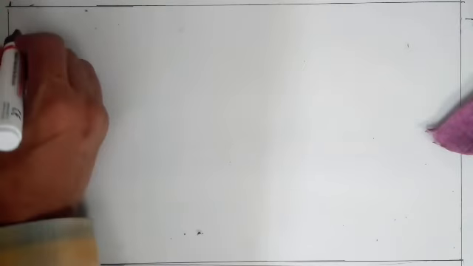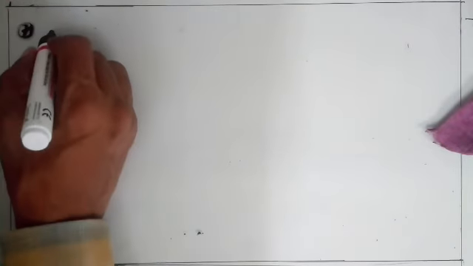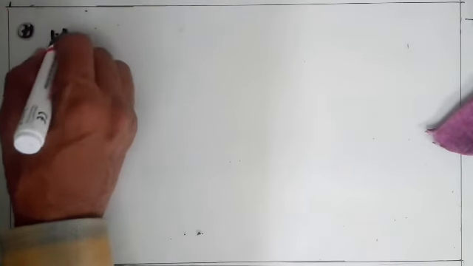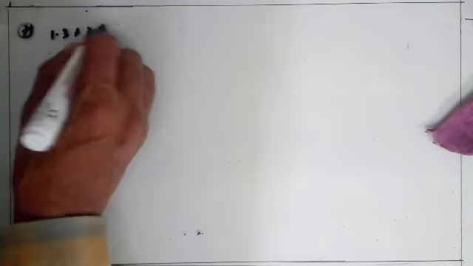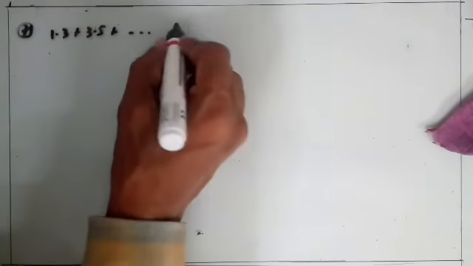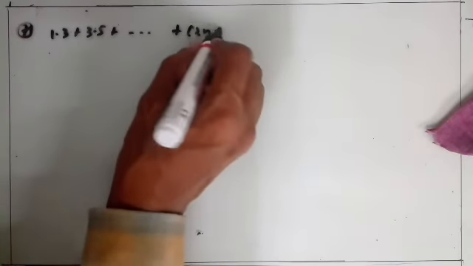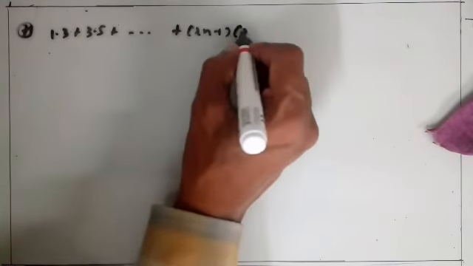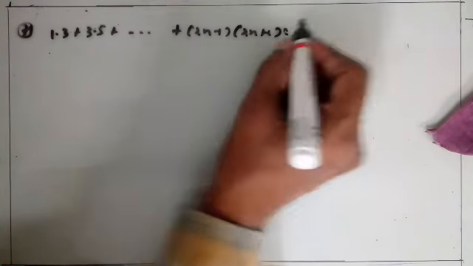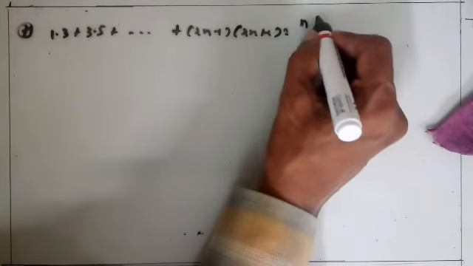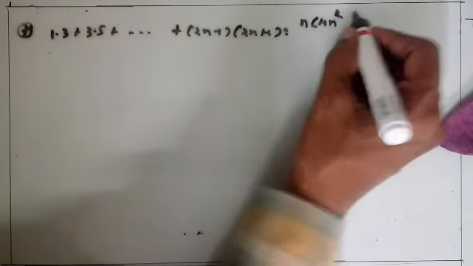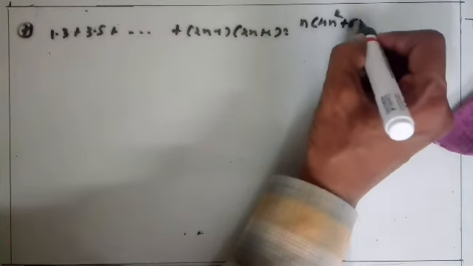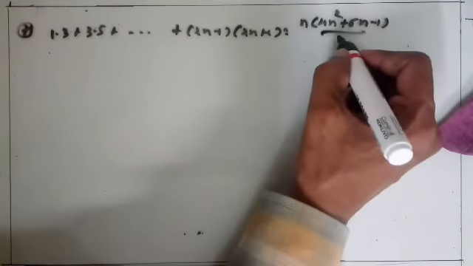Question number 7: 1 into 3 plus 3 into 5 plus up to plus 2n minus 1 into 2n plus 1 is equal to, prove that, n into 4n square plus 6n minus 1 upon 3.